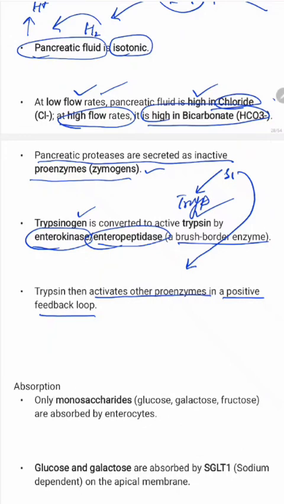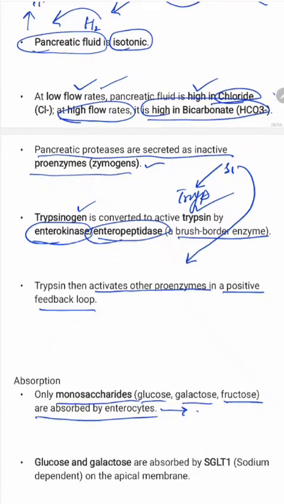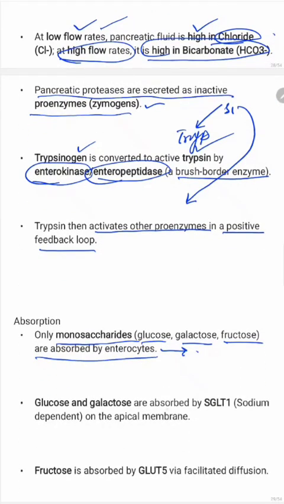So now absorption. The monosaccharides, glucose, galactose, and fructose, are absorbed by the enterocytes. Glucose and galactose are absorbed by SGLT1, sodium dependent, on the apical membrane, sodium glucose transporter, okay, SGLT1.